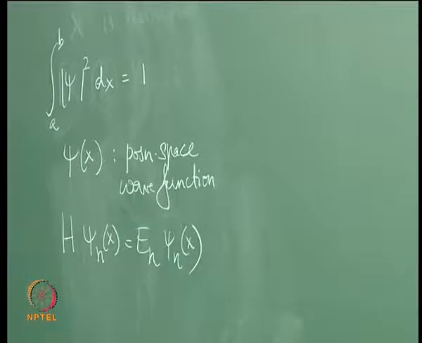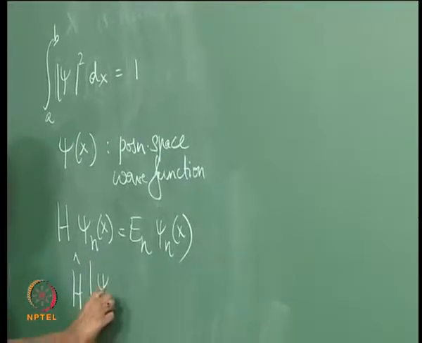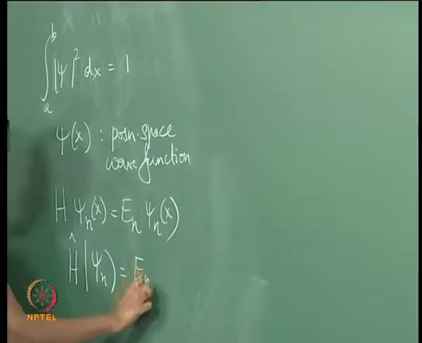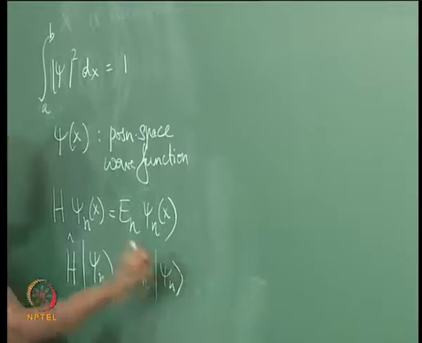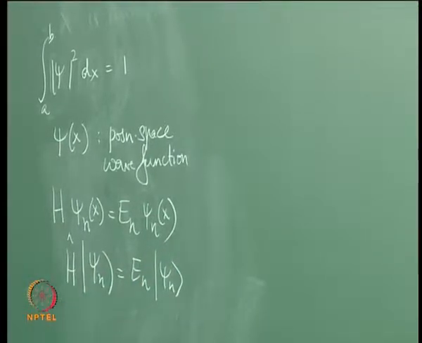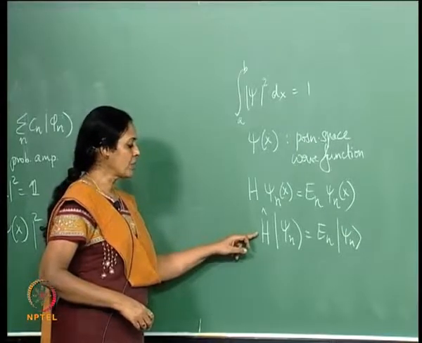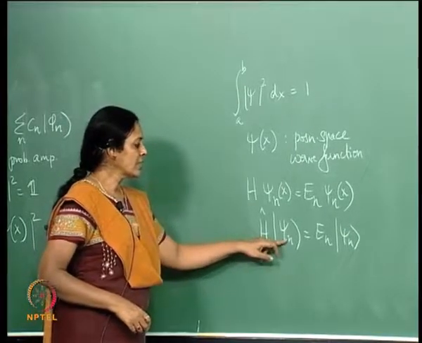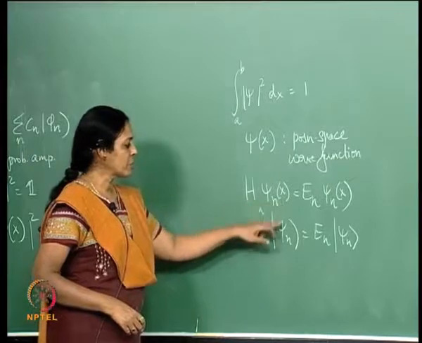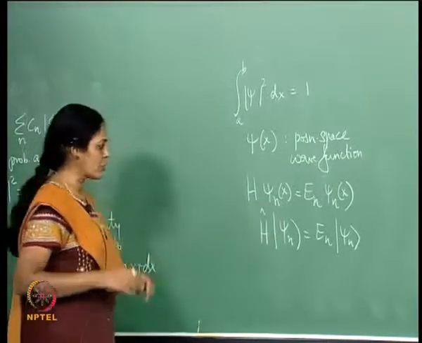In my earlier lectures, where I was not working with the position representation, I had the Hamiltonian acting on psi sub n, giving me En psi sub n. Now H is to be written in the position representation, and these should be made functions of x because we are working in the position basis.